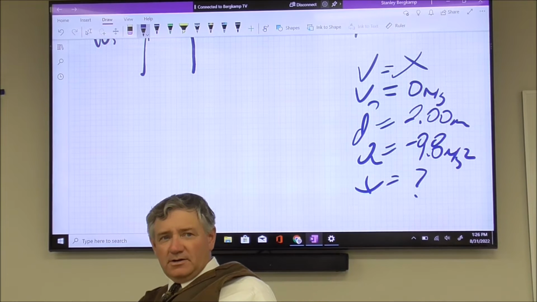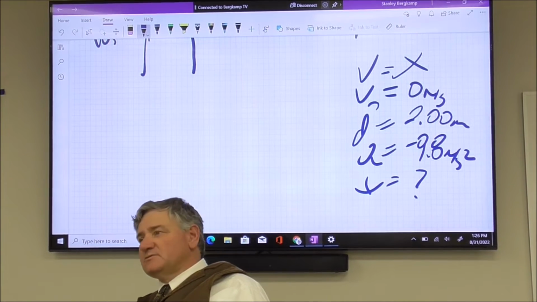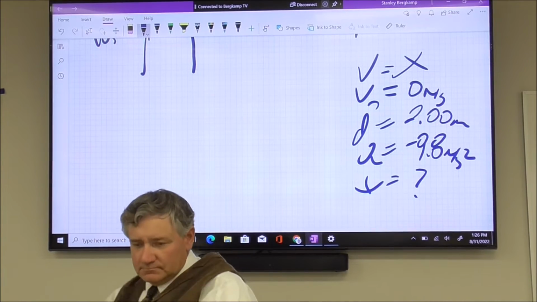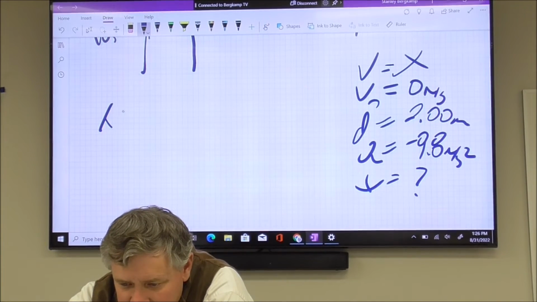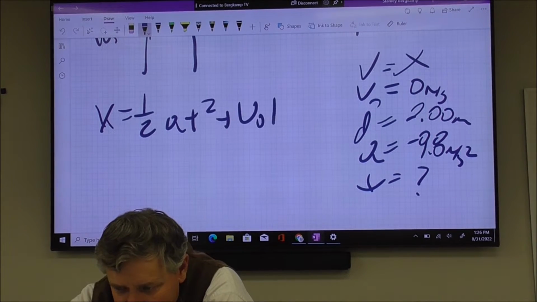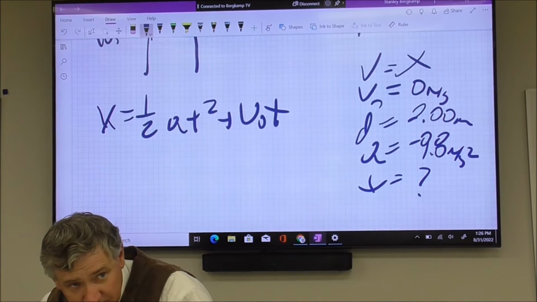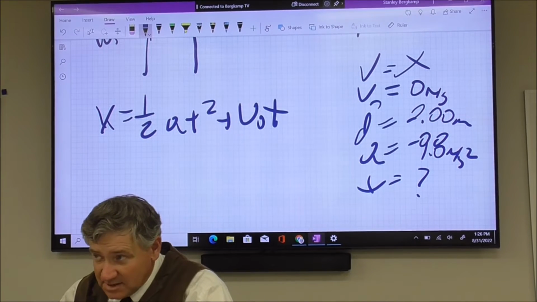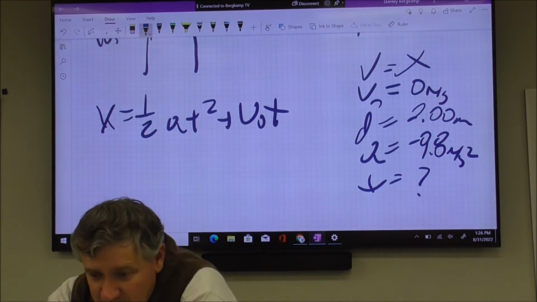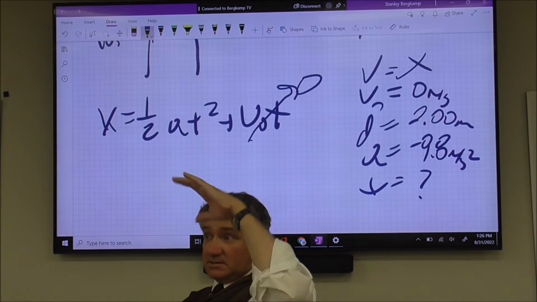Two unknowns, one equation, no good. Leaves us with what? X equals 1/2 at squared plus V naught t. Now, conveniently, because we're dropping the ball, what's my initial velocity? 0. So the beauty of this is that this whole term goes away, because I'm dropping the ball.